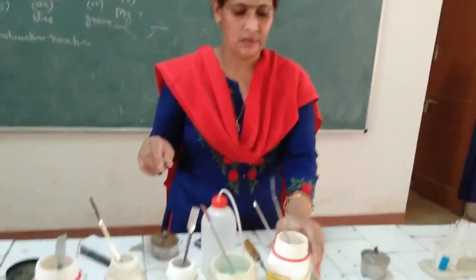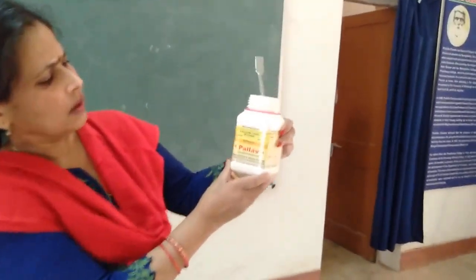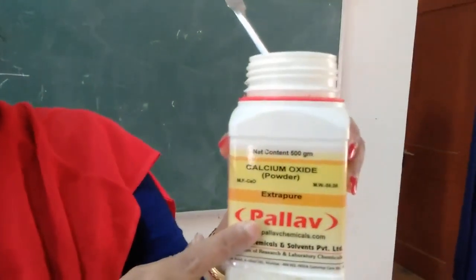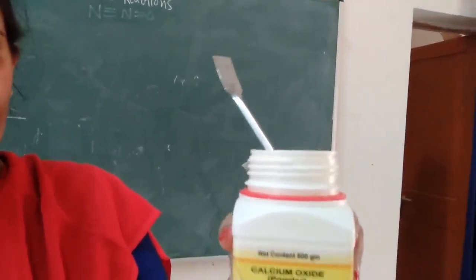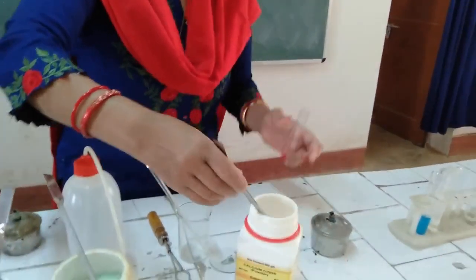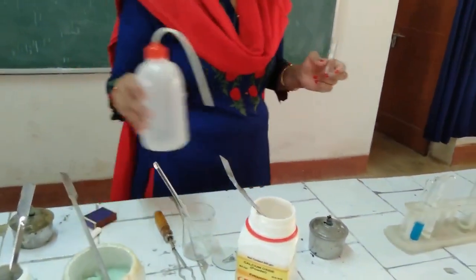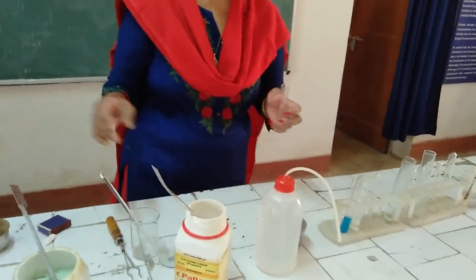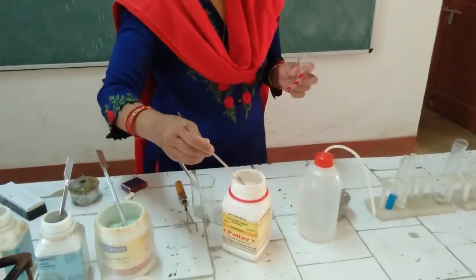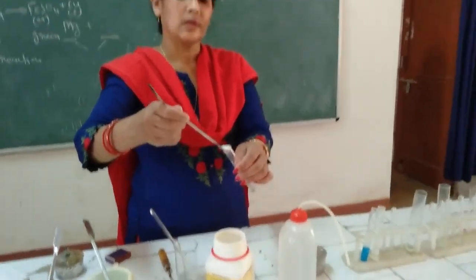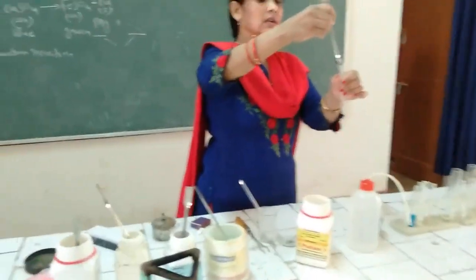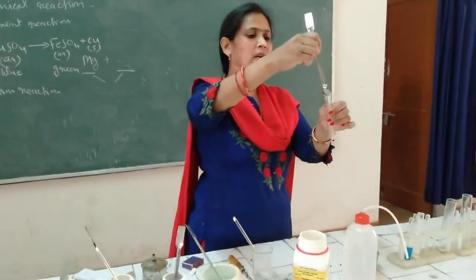One is calcium oxide. You can see on your screen this calcium oxide, and another is water. First, take one test tube and add this calcium oxide powder.